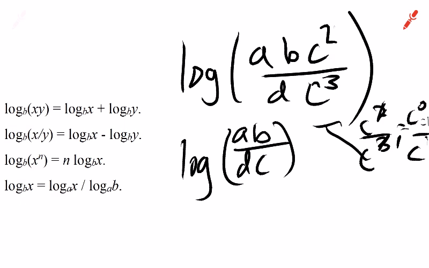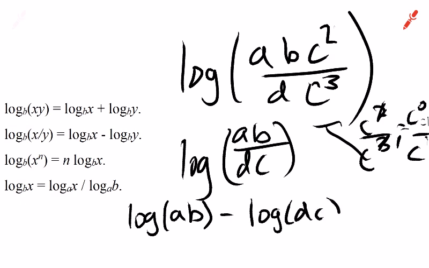And then we just use our rules, one at a time. We'll start with the division. So the log of the numerator minus the log of the denominator. And then we'll expand these because we'll do the multiplication. So multiplication is the log of a plus the log of b.